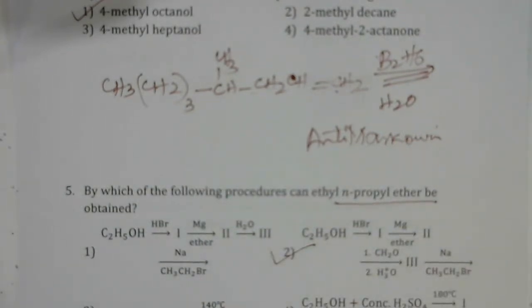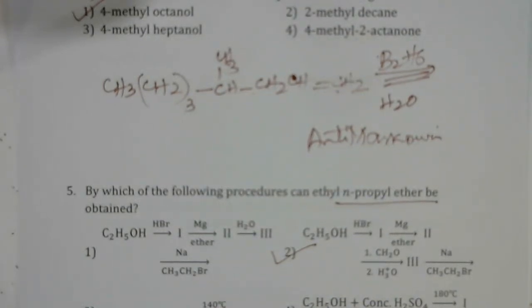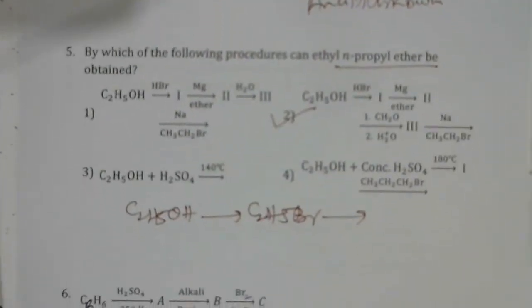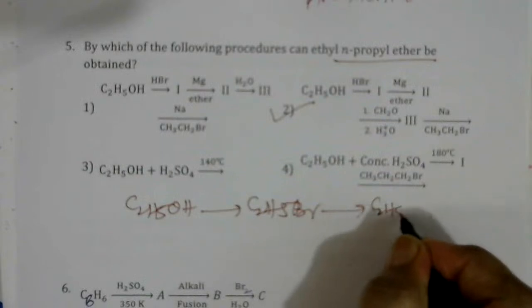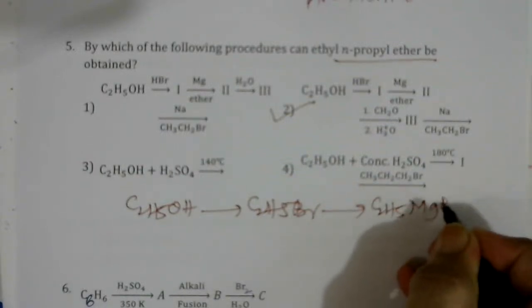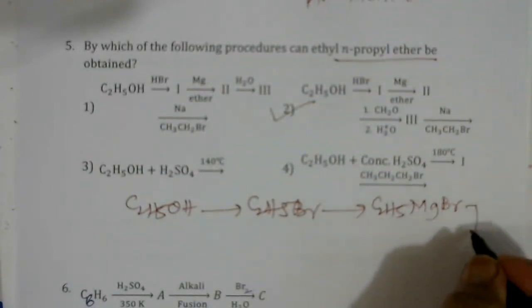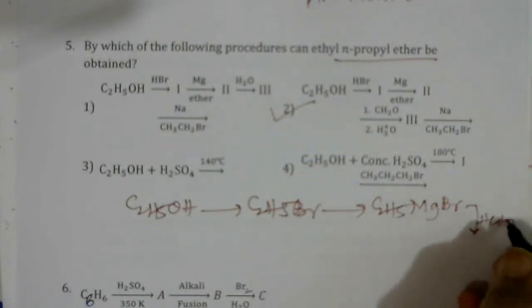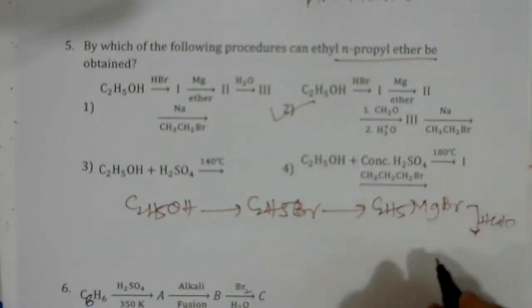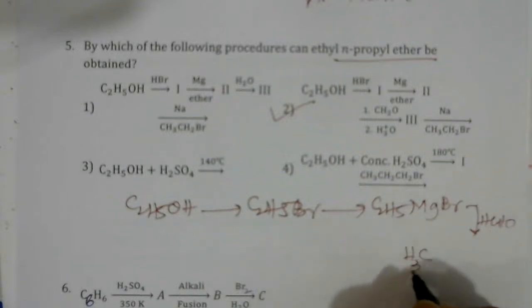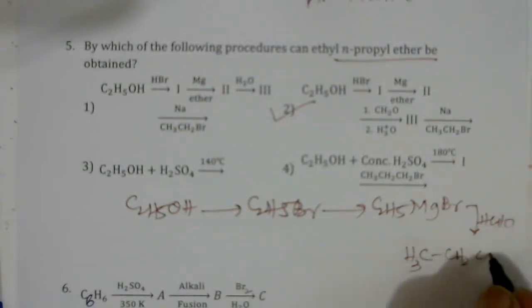If I write ethyl alcohol with hydrogen bromide, it will produce ethyl bromide; with magnesium and ether it will produce ethyl magnesium bromide. Further with formaldehyde, CH2O, we will get propanol, that is CH3CH2CH2OH.